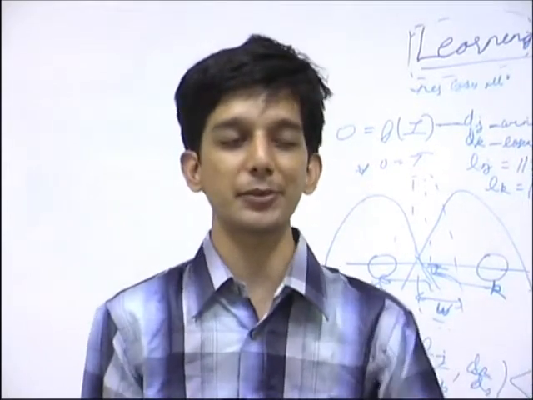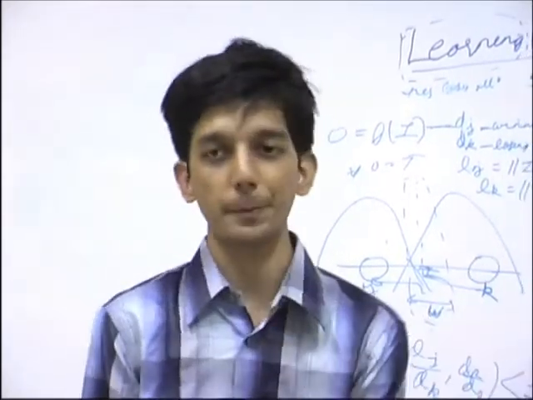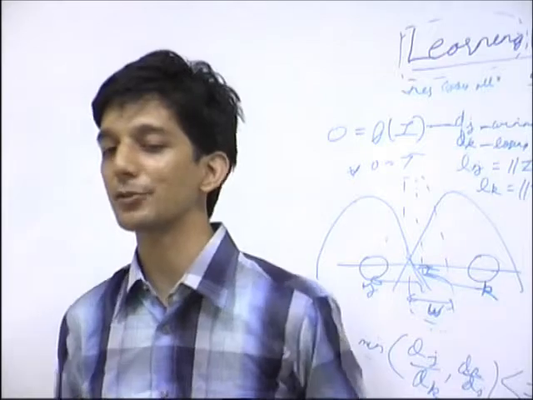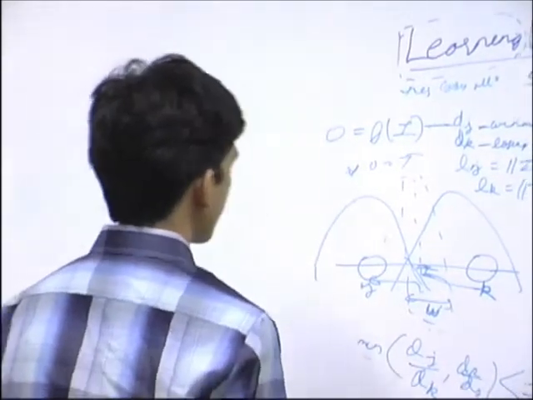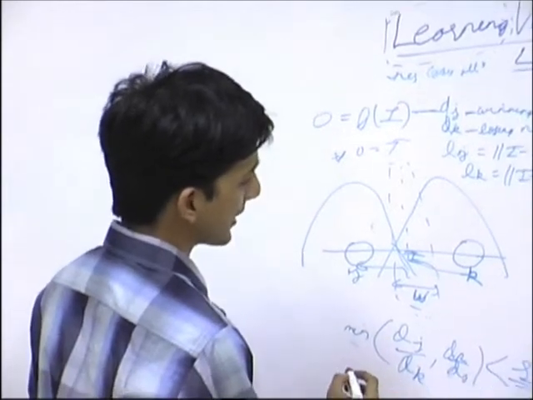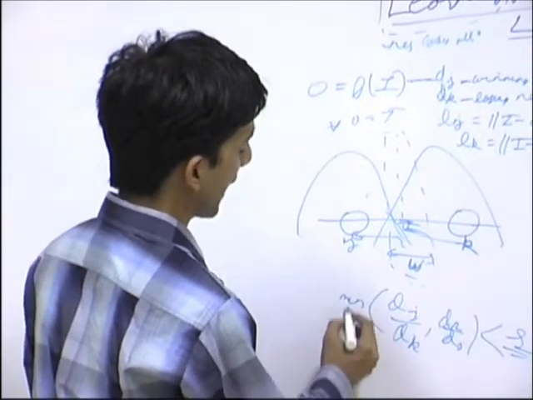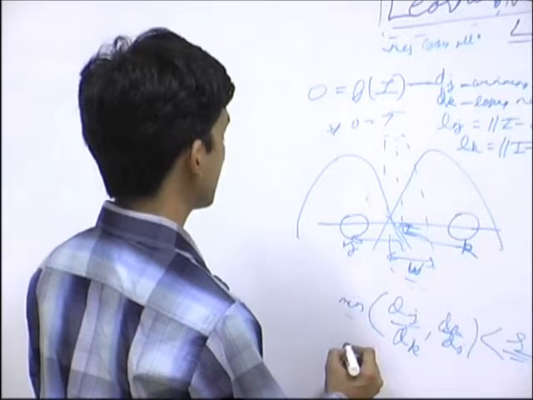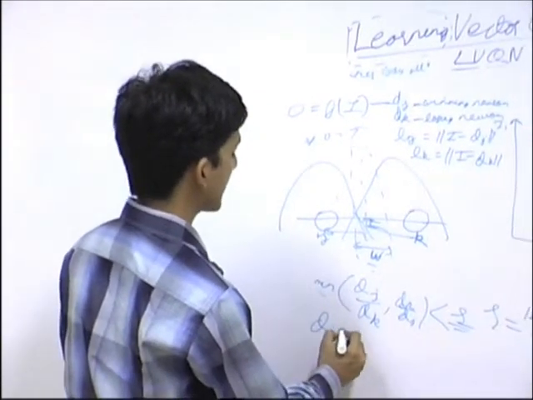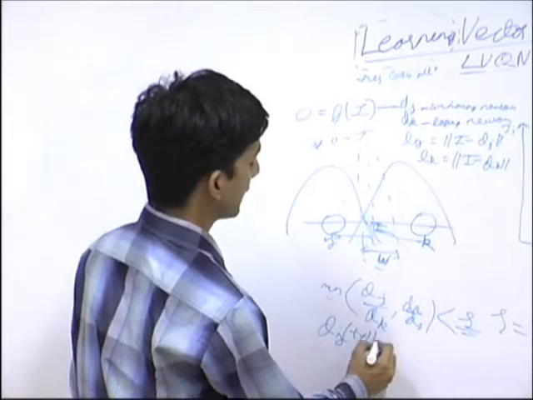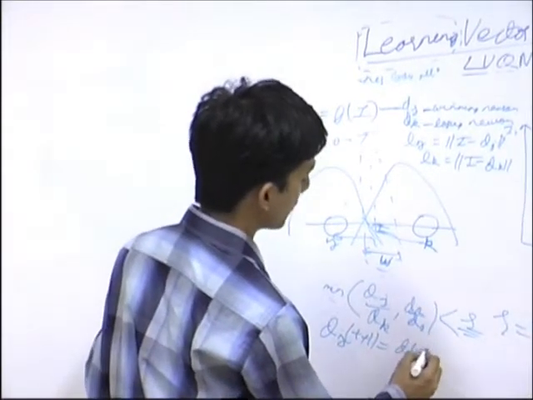These are the two things that I am trying to do in this algorithm LVQ2. So basically what happens is something very simple. My DJ, this is what I need to attract. It will follow the same equation.